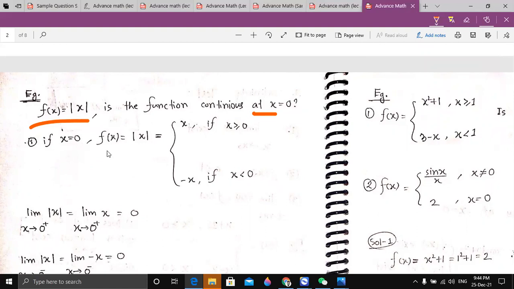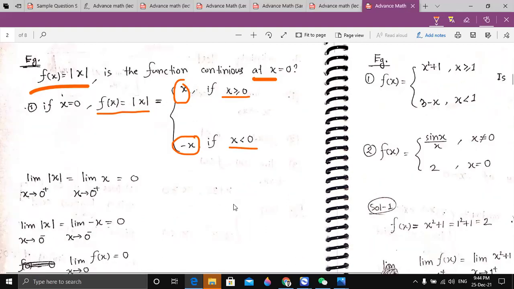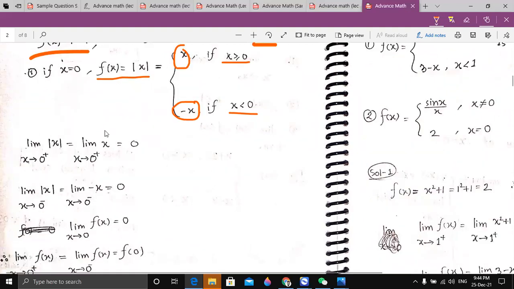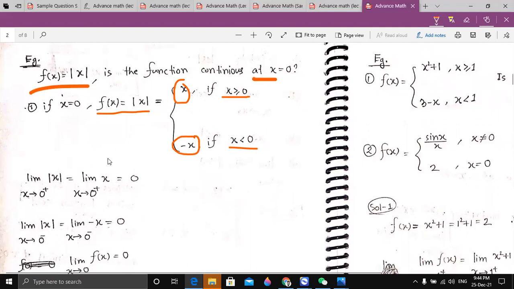For f of x equal to modulus x, we know that it will be plus x and also minus x. So this is our right hand limit, and this is our left hand limit. Now we have to calculate our left hand limit and right hand limit. The right hand limit is positive, so limit x tends to 0 plus.